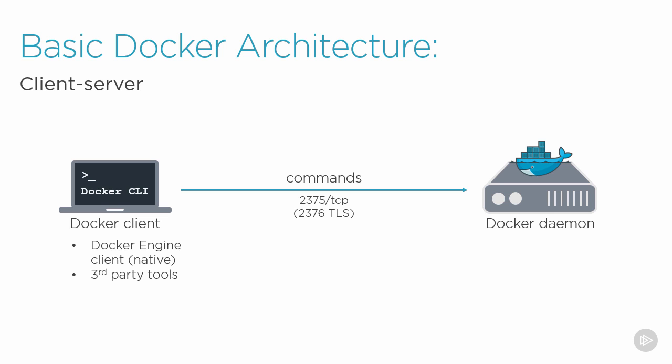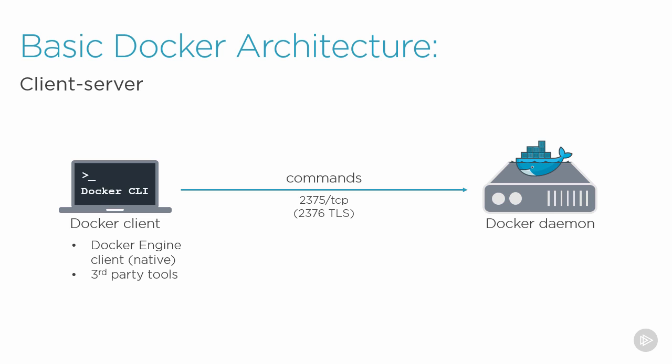Or it can be any number of other third-party products, as long as they implement Docker client functionality. So, as an example, the recently released Docker Universal Control Plane can act as a Docker client, so it can send commands to Docker daemons. But there's plenty of other products out there that do the same.